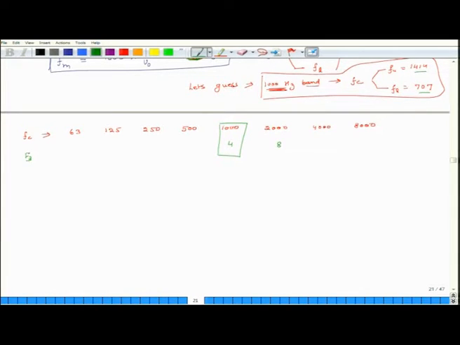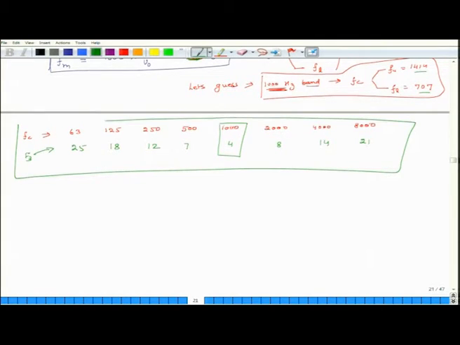The other values are 4, 8, 14, 21, and on the other side I have 7, 12, 18 and 25. So, this is my F3. Basically I have just used the values from the table above. So, using this table, now I can compute LW for each octave band.